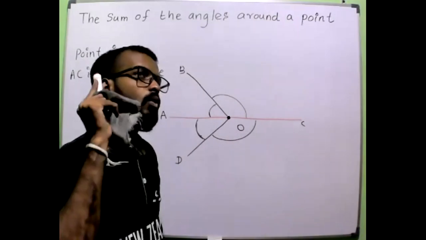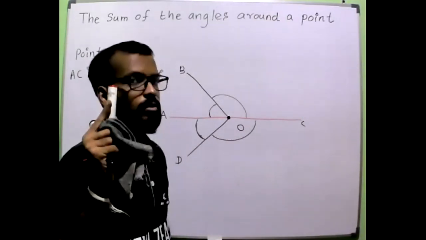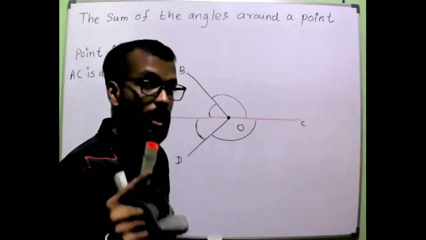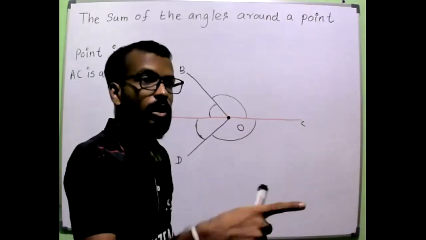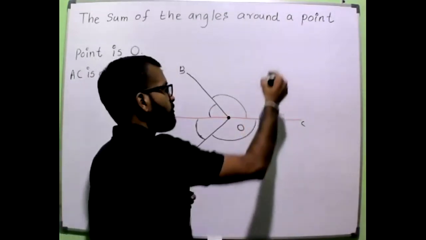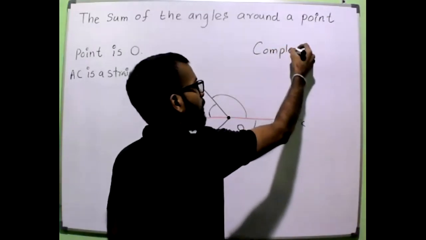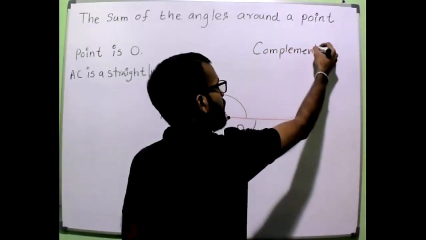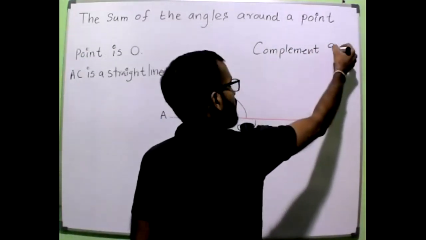If you get an angle of 180 degrees, what is the word that you can remember? When you hear the word complementary, what is the angle that you need to remember? 90 degrees. Yes, 90 degrees.